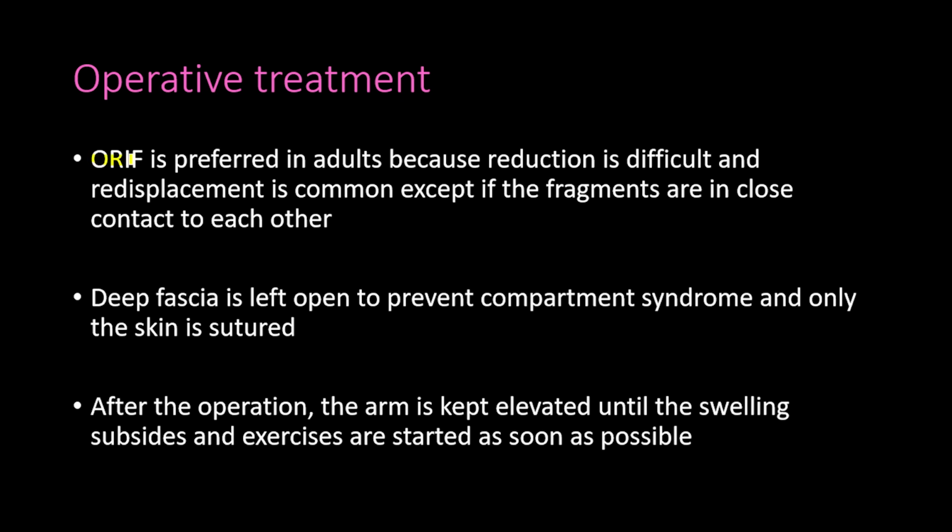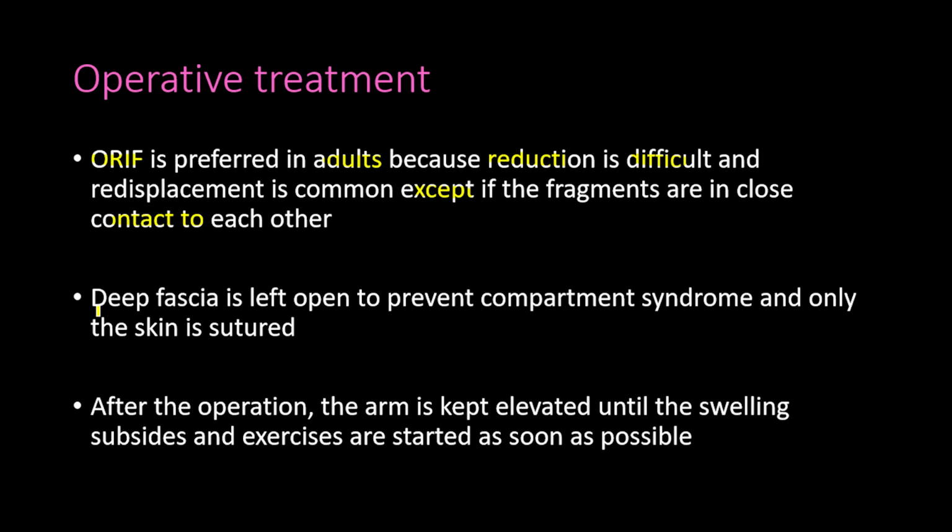Now, open reduction internal fixation is preferred in adults because closed reduction is difficult and redisplacement is common, except if the fragments are in close contact to each other. In that case, the closed reduction and immobilization is justified.